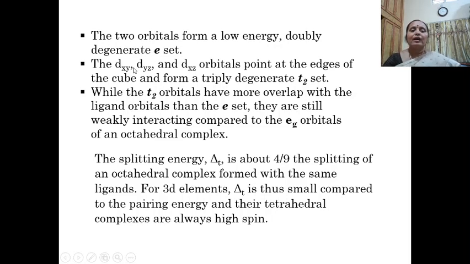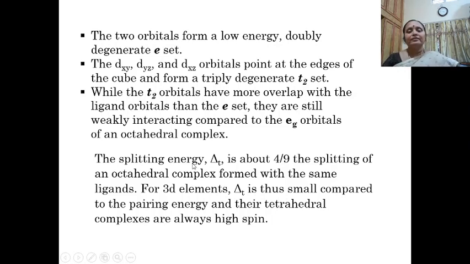The dxy, dyz and dxz orbitals point at the edges of the cube and form a triply degenerate set, simply called the T2 set. While the T2 orbitals have more overlap with the ligand orbitals than the E set, they are still weakly interacting compared to the Eg orbitals of the octahedral complex.